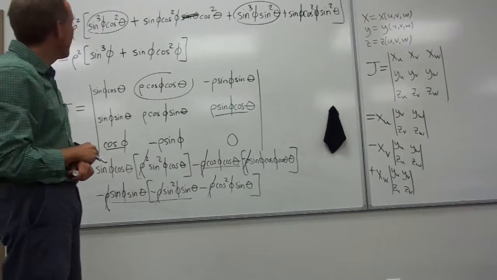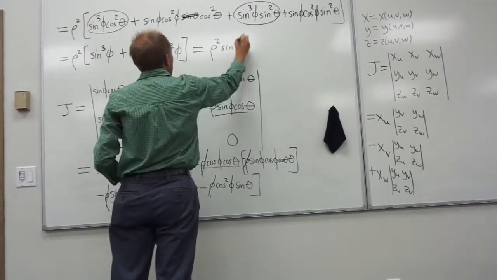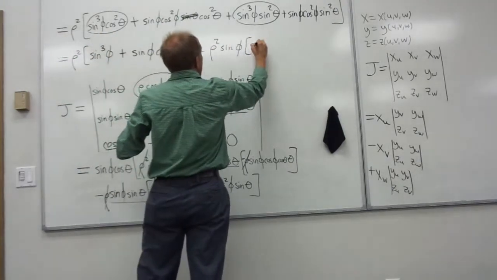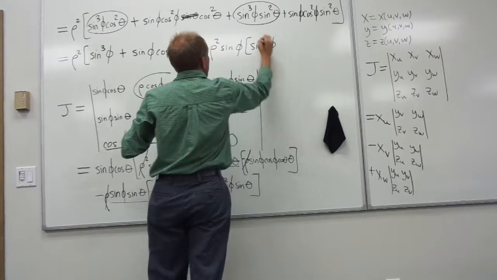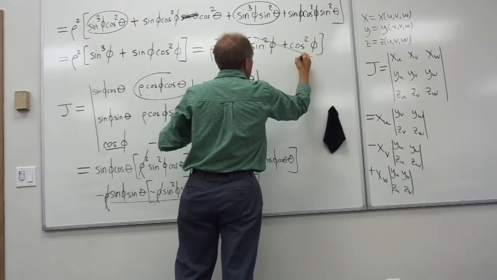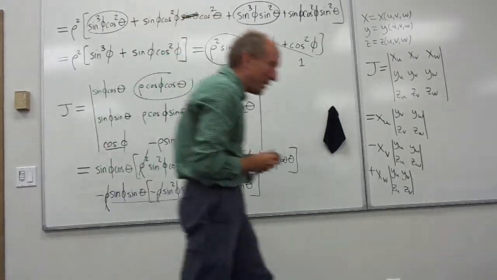Just like that. Okay? And if you now factor out a sine of phi from both of these terms, you'll be left with sine squared of phi plus cosine squared of phi, and that is just 1, and there's your answer. Okay, so it is correct.